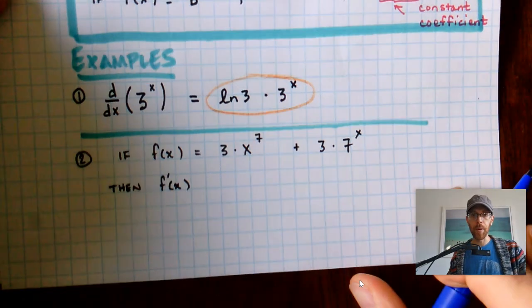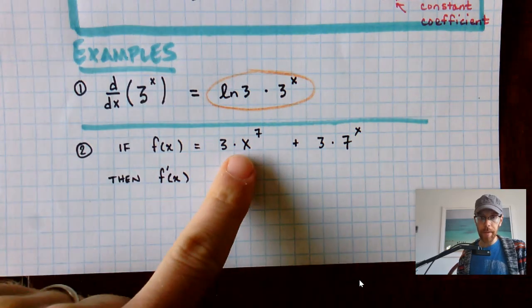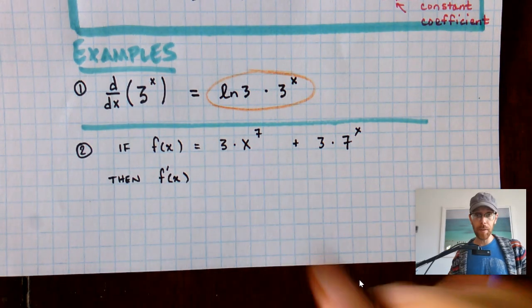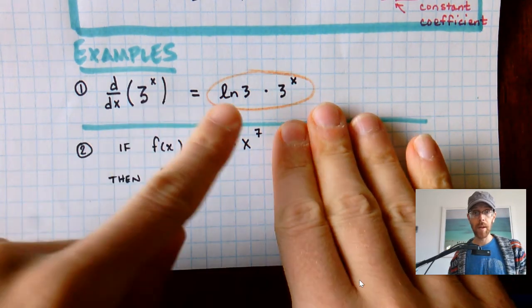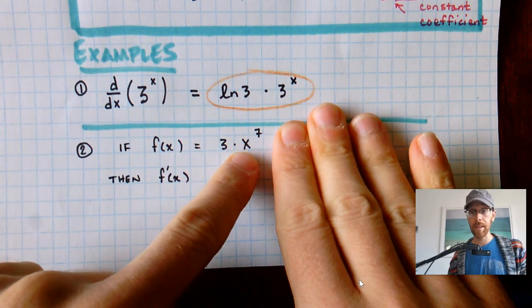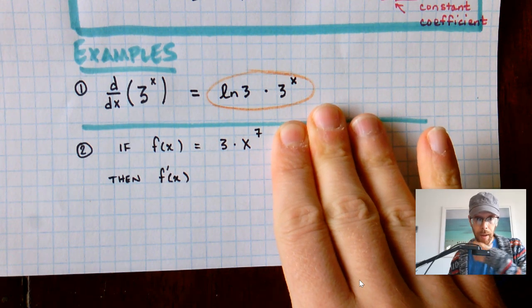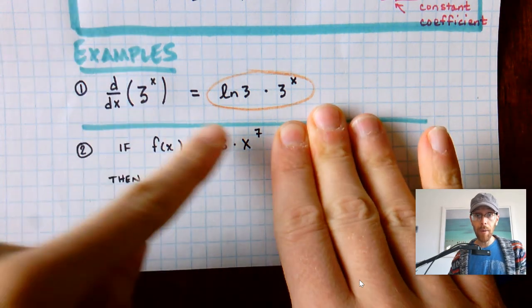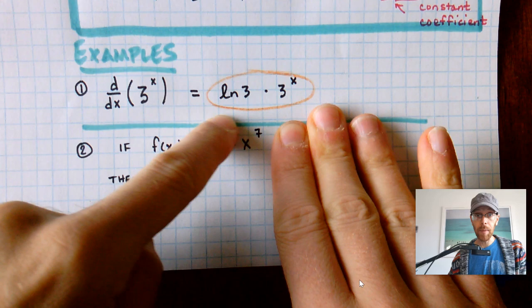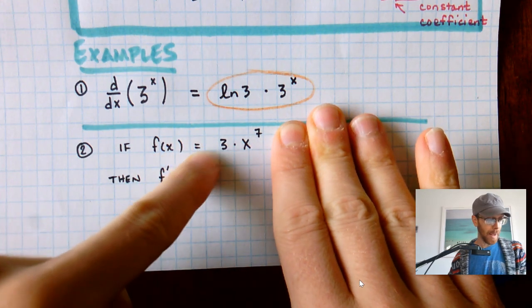Well, I've written it this way for a reason. I want to start with this first expression, which is the kind that you are familiar with, right? This is a power function because the x is in the base. And so we could use the power rule here. Of course, when we do the power rule, we take the 7 and we bring it down and we multiply it by the 3.